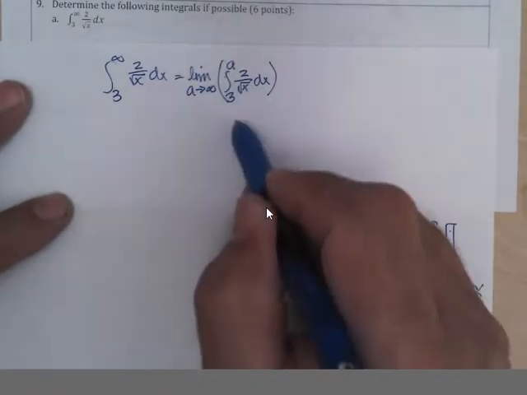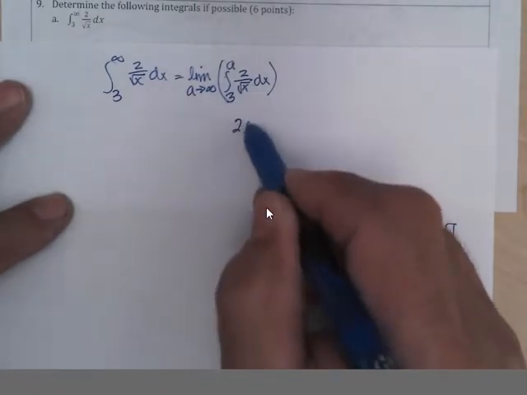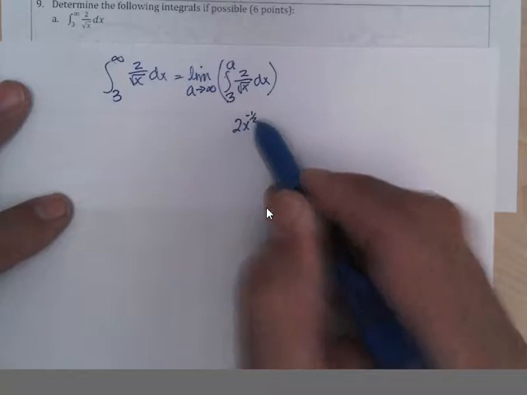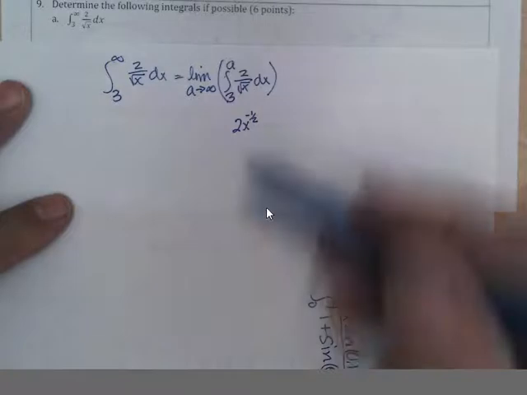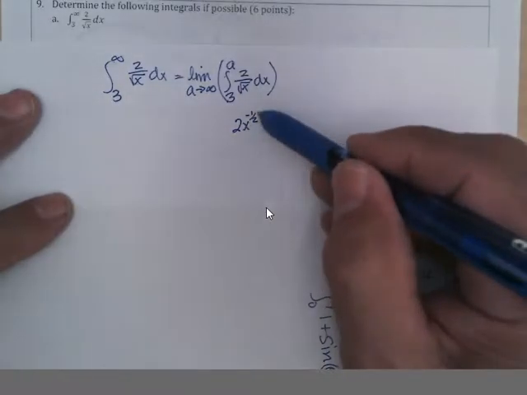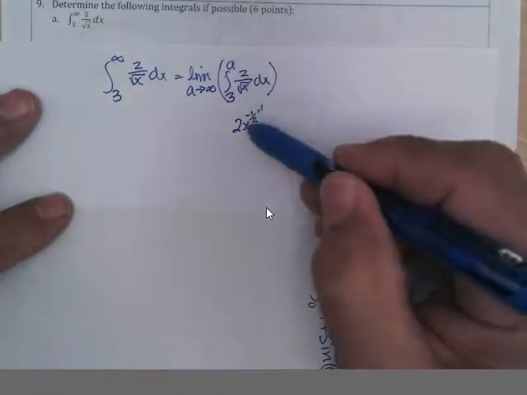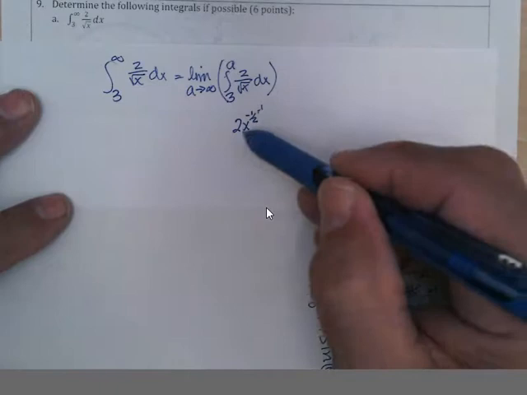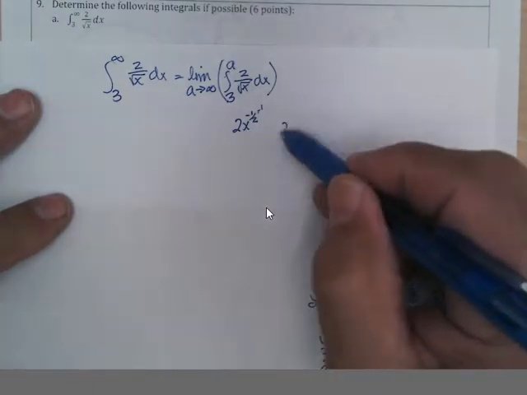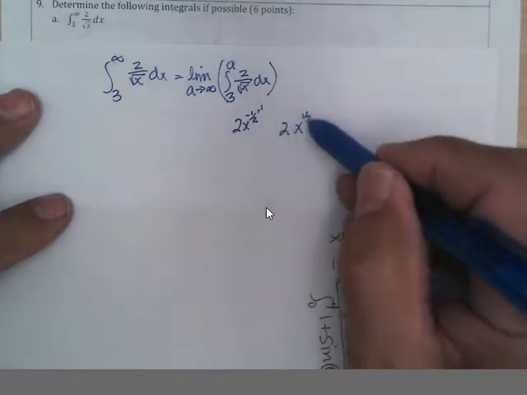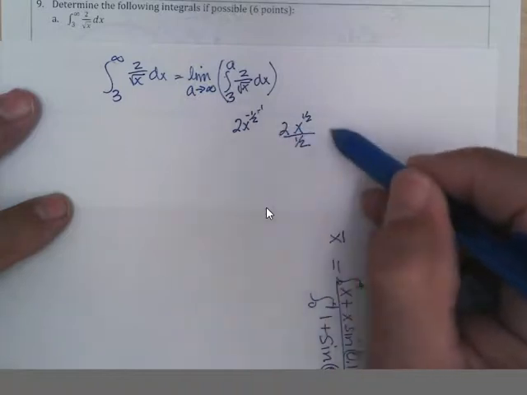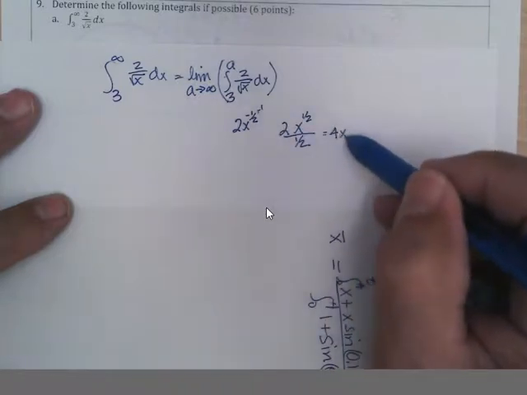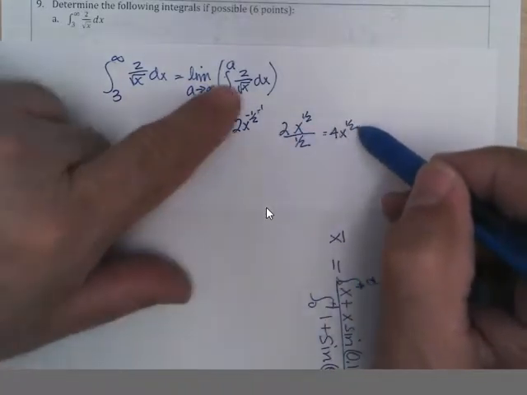That's 2x to the minus 1/2. The square root of x is x to the 1/2, and it's in the denominator, so it's minus. Integrated, I'm going to add 1 to the power, so it's going to be x to the 1/2 divided by 1/2, so it's 2 x to the 1/2 divided by 1/2, which makes 4x to the 1/2 when I integrate this.